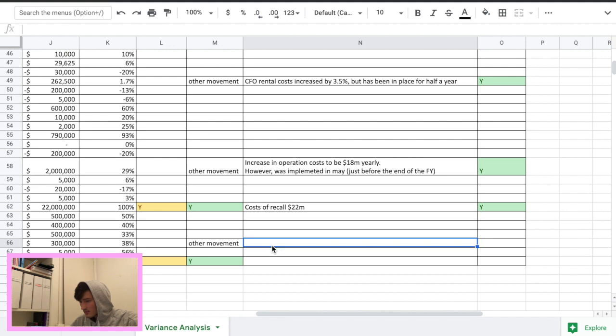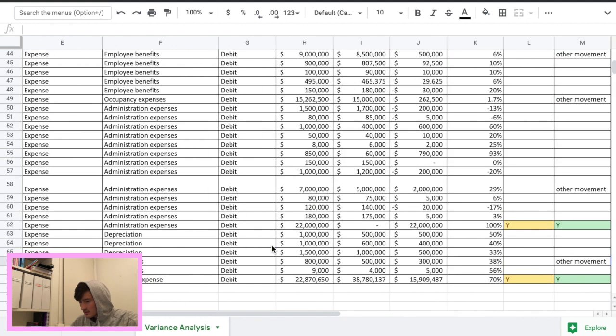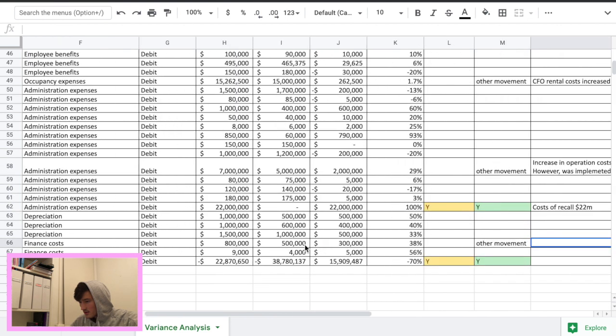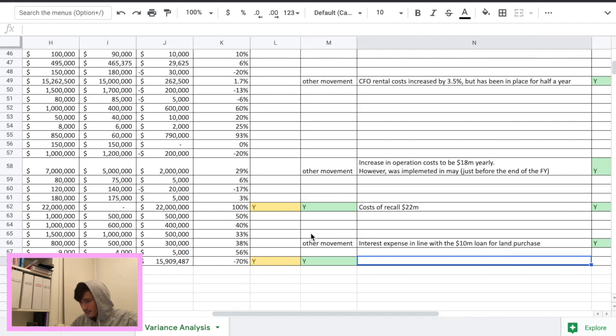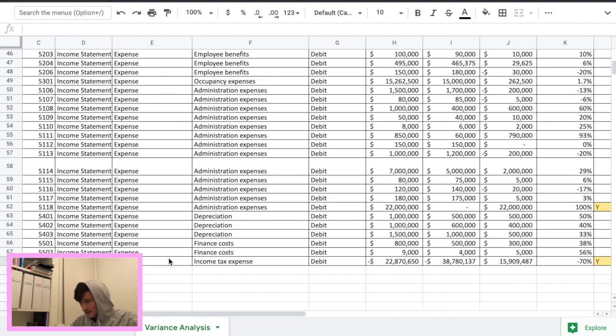And another movement, 38%. Interest expense, 10 million. So that's, I think that's the loan for land site. I can't remember. I think it was the land. And lucky last is the tax.